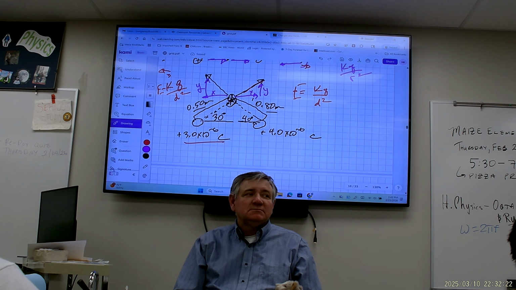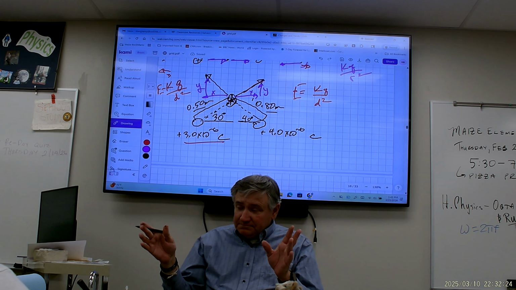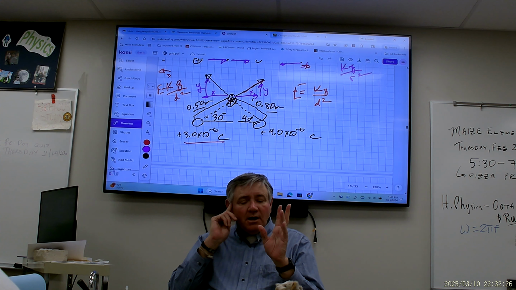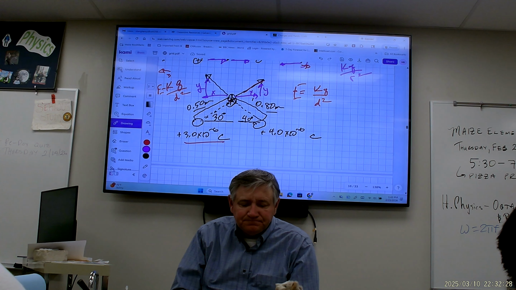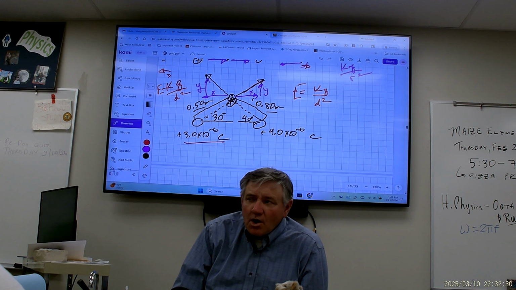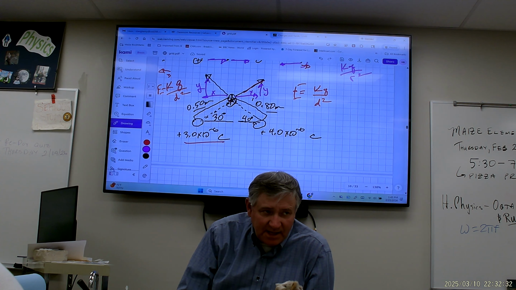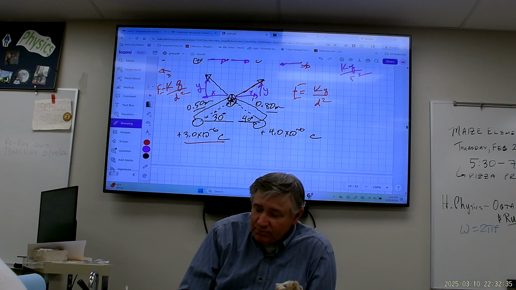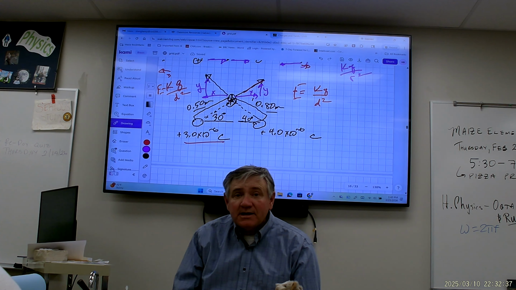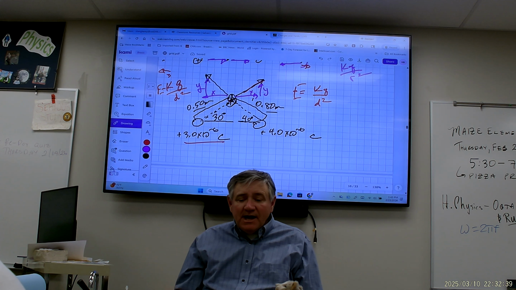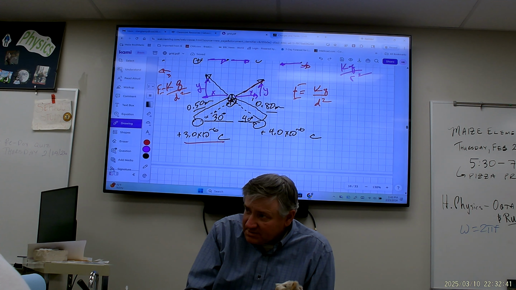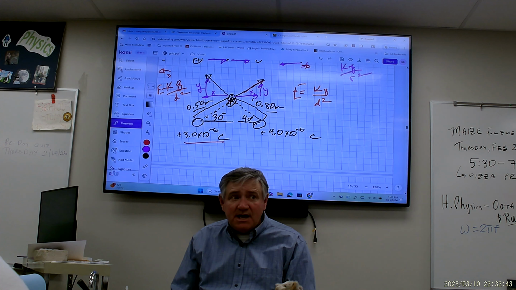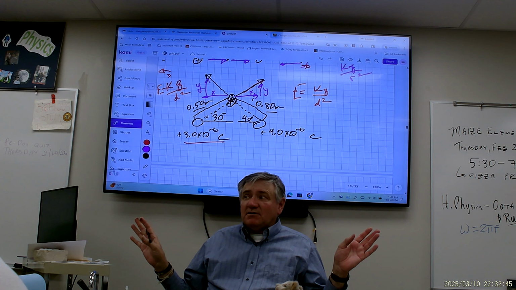So here's the story. When you look at this, are the X's automatically going to cancel? No, you cannot assume that the X is going to cancel because this thing isn't symmetrical. Now, if both charges were the same and both distances were the same, hey, the X's would cancel out.